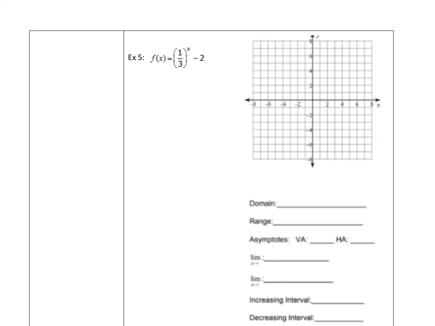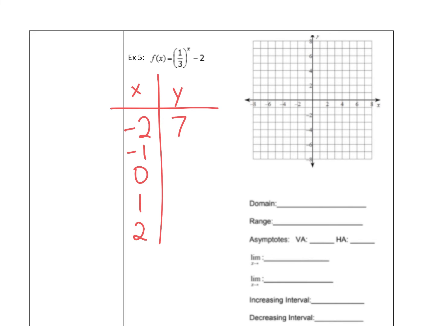All right, number 5. How did we build our XY chart? Good. Yep, x is the exponent, so we can just do our typical 5 numbers, 0 with the middle one. What do you get when you plug in -2? 7?